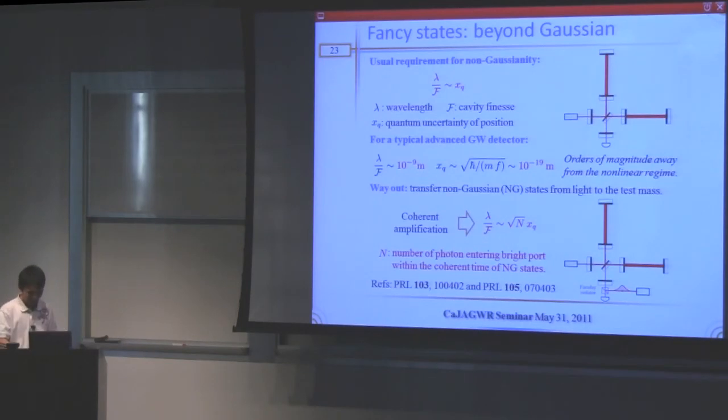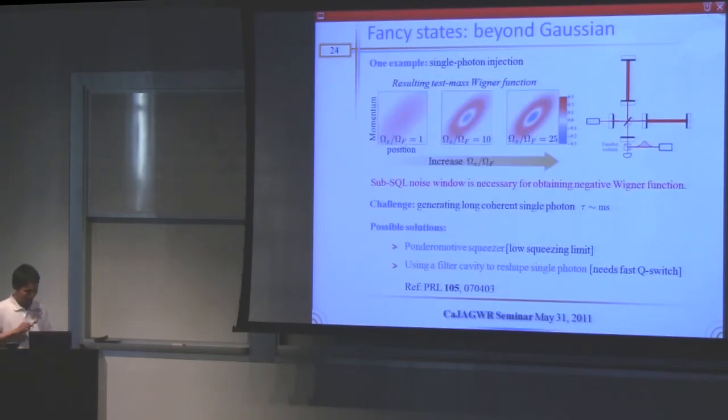Yes. So now you just do some simple mathematics. It turns out that if you have a small window size, the classical noise almost doesn't go below the standard quantum limit, and you get a positive Wigner function.